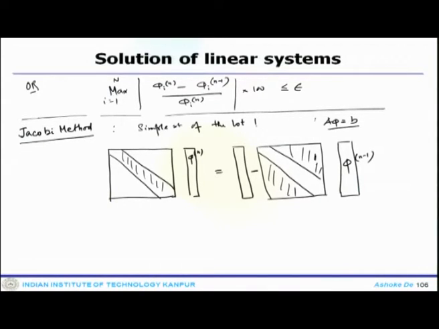The equation that we are solving is A phi equals b. Considering this equation, if the diagonal elements are non-zero, then the first equation can be used to solve for phi 1, the second one for phi 2, and so on.